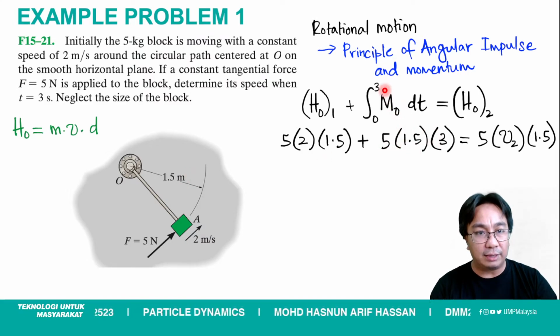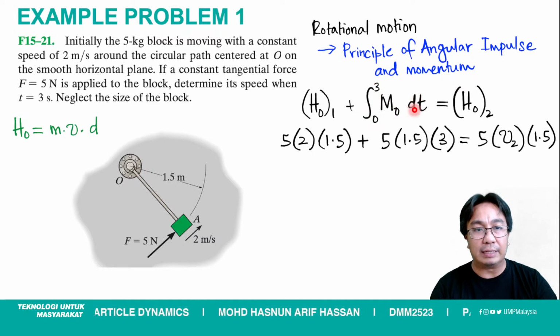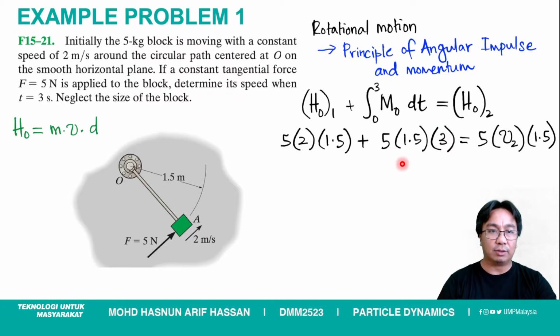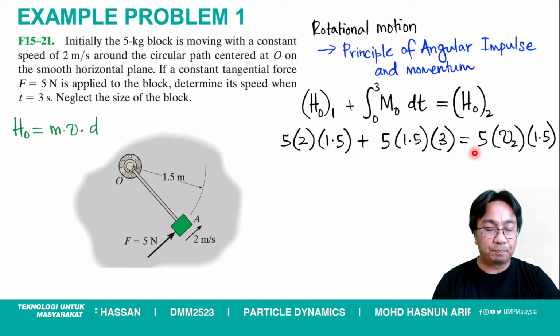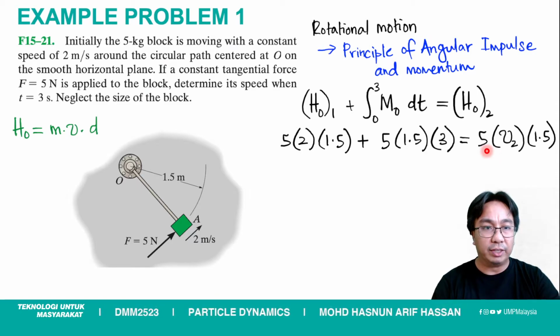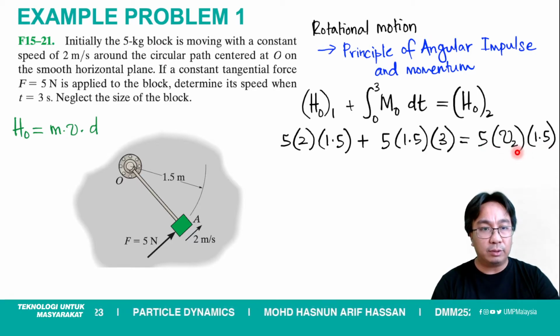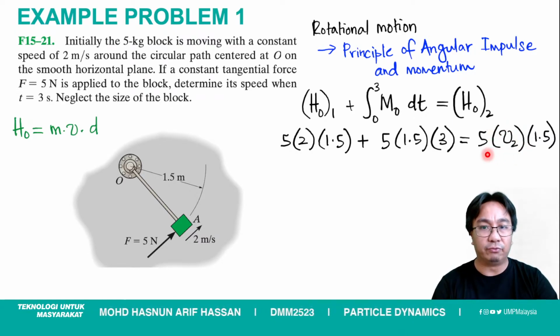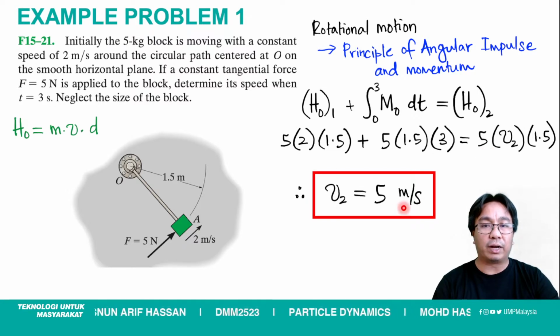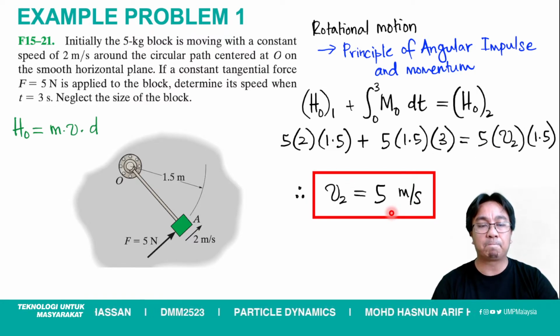And since we integrate over time to make it impulse, we multiply by the time, 3 seconds. So this becomes the angular impulse, equal to mvd. v2 is unknown. This is the parameter that we want to calculate. So v2 equals 5 meters per second.